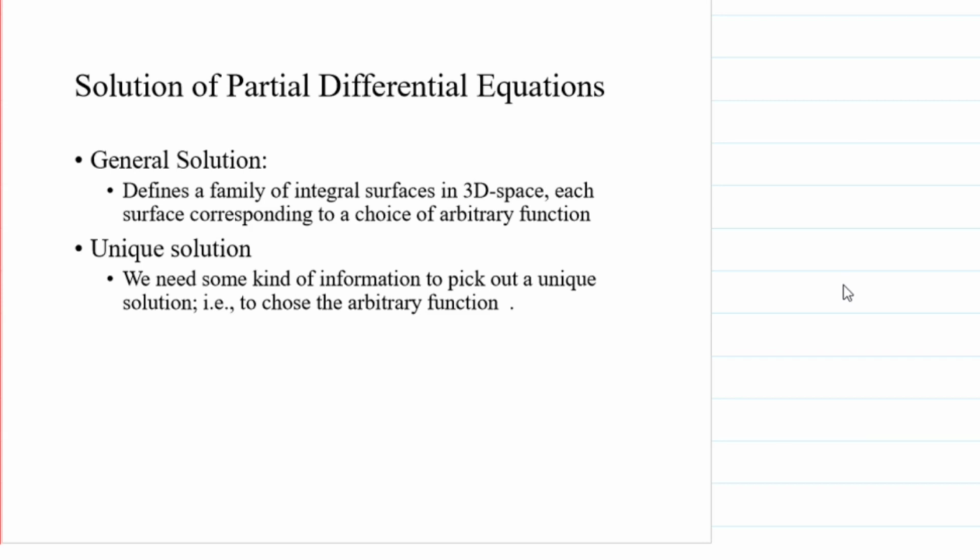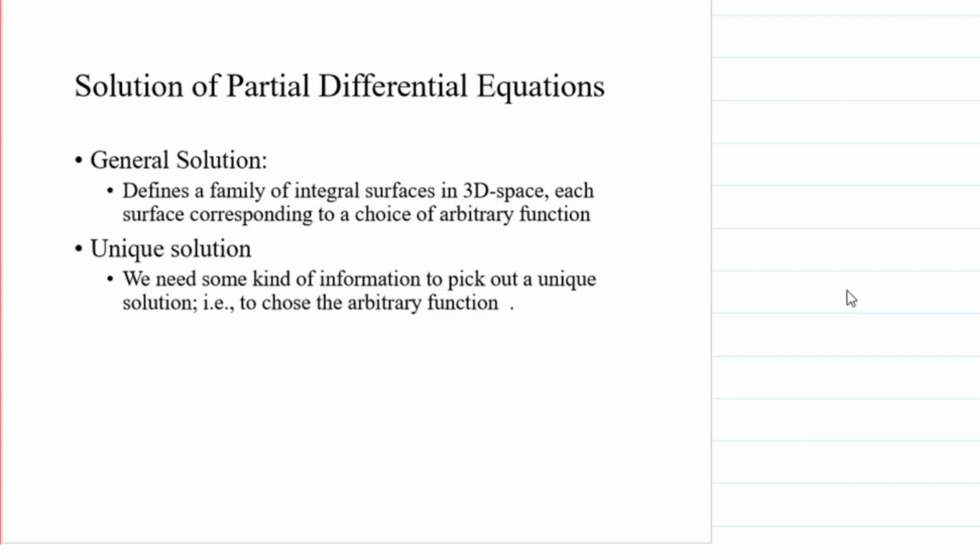Or sometimes when you solve a partial differential equation, to find constants, boundary conditions also will be useful. We will discuss the initial condition and boundary condition when we go to module 2. Now we have to understand two cases. One is general solution and the other is unique solution.